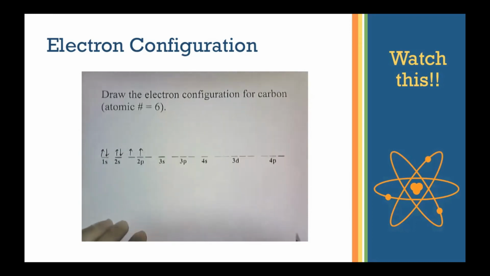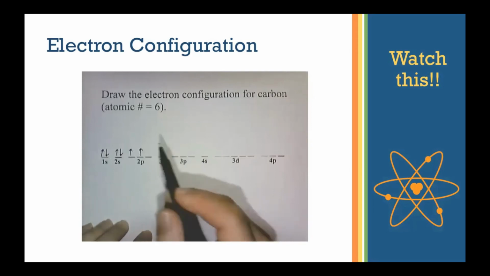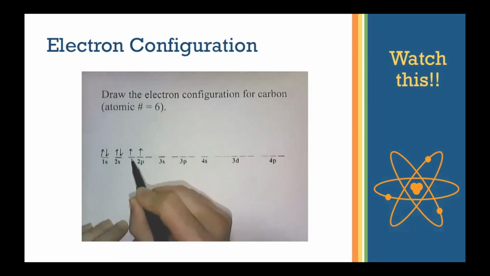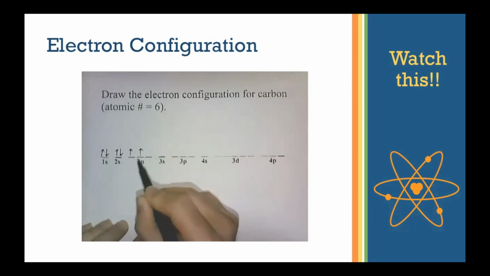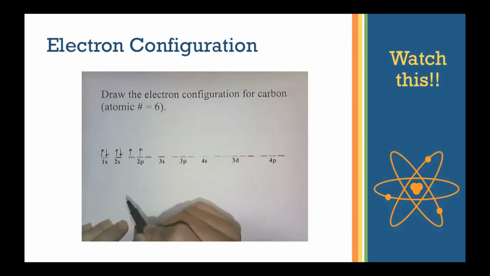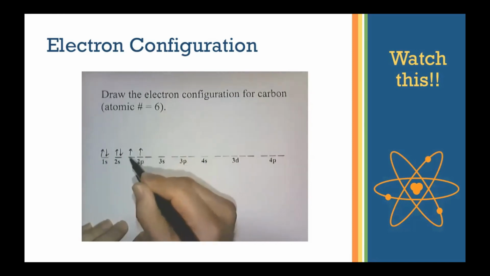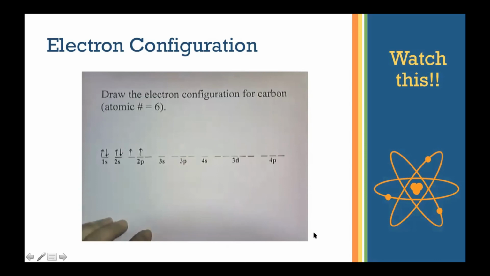It's because of rule number 4. Rule number 4 says that before you can put a 2nd electron on this one, all these other ones have to have at least 1 arrow in them. All right, so I can't put a 2nd electron in this one until all the rest of these also have 1 electron. And when you put them in, they have to be facing in the same direction.